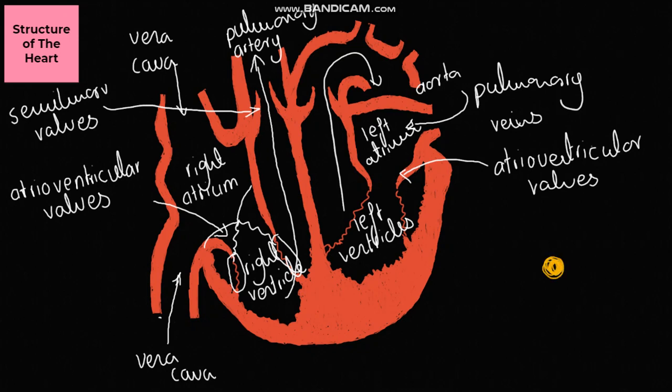The heart takes in blood through the vena cava from one of these areas. Let's say this is the head, and this is the body. It takes deoxygenated blood and it passes through all of this into the lungs. So then it goes into the lungs.